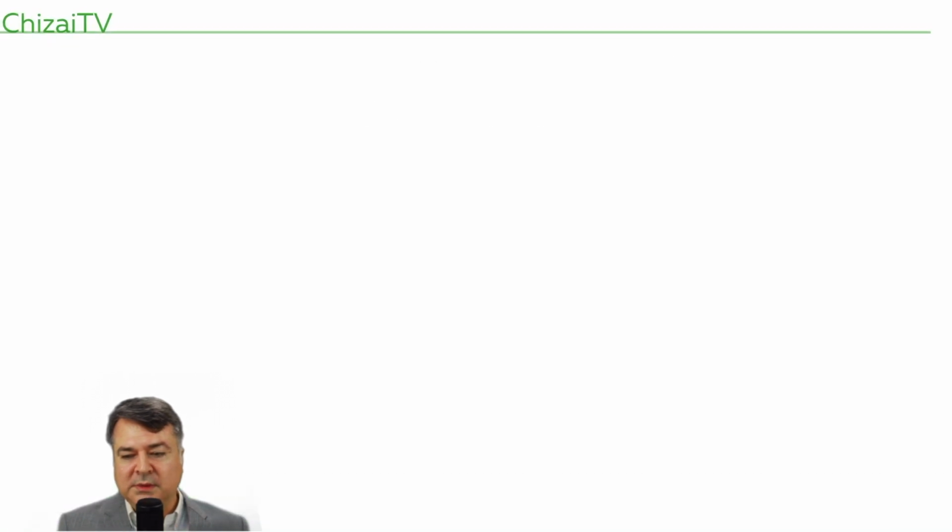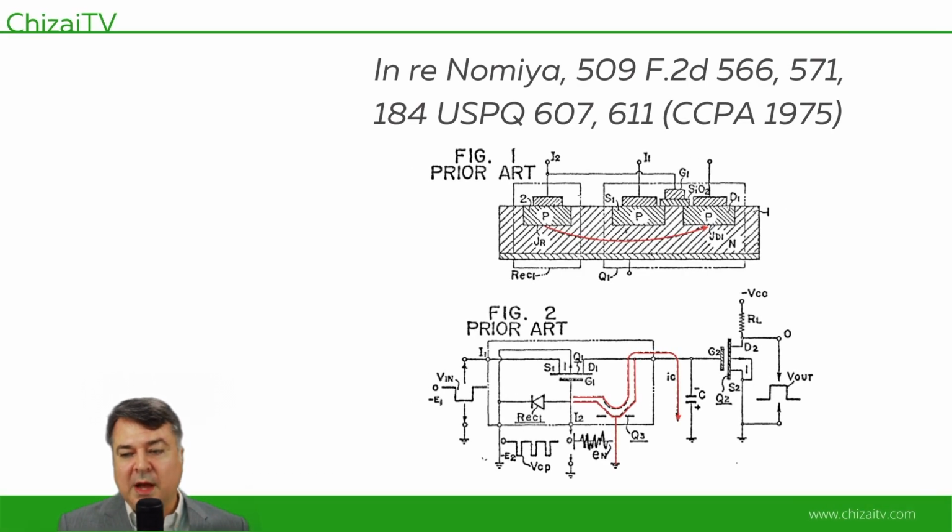And here's an example. It's actually a Japanese applicant. It's a 1975 case, so it's pretty old, but in this situation, this applicant, Nomiya-san, had this circuit diagram here, semiconductor figures.